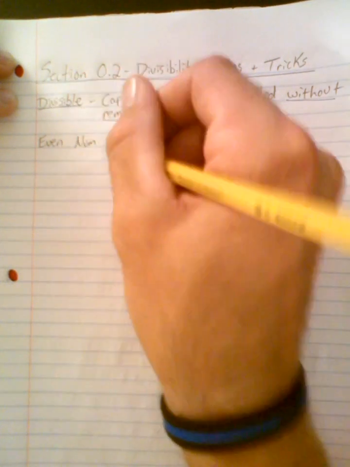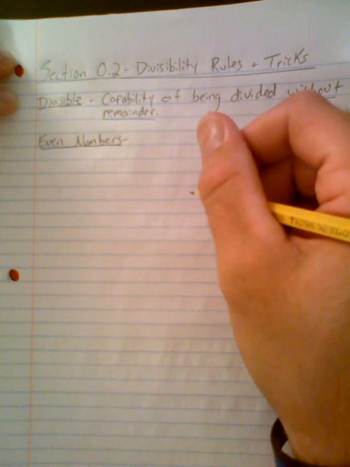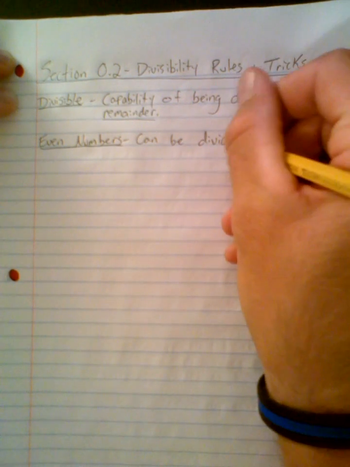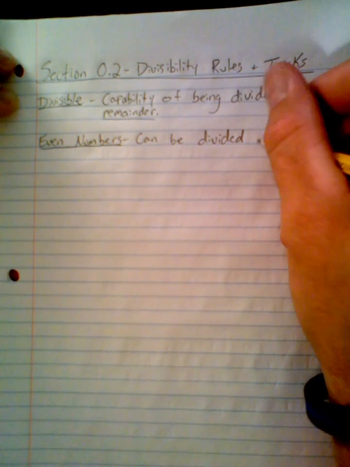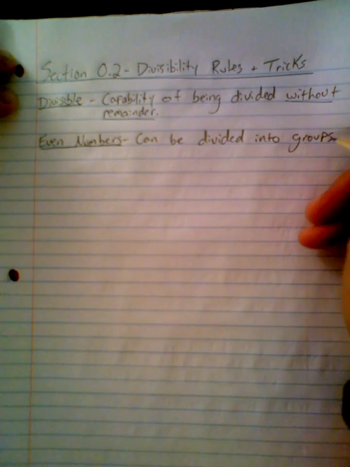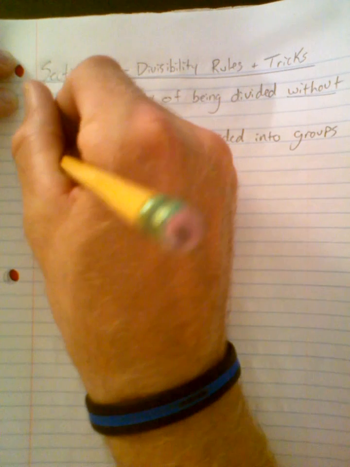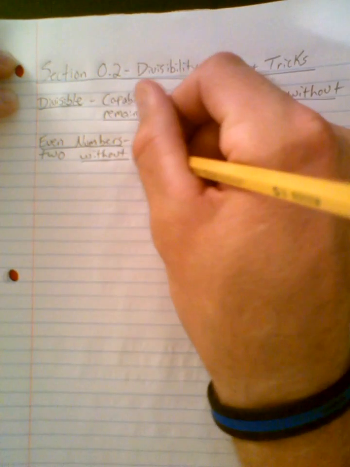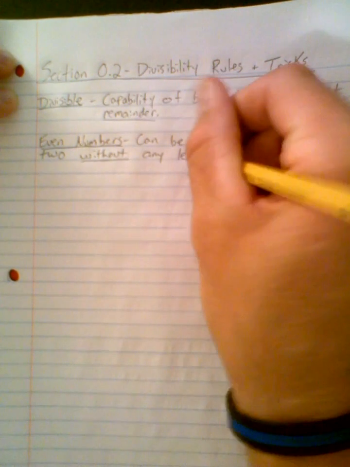Well, you need to know what even numbers are when you're looking at divisibility rules. Now, even numbers are numbers that can be divided into groups of two without any leftover.